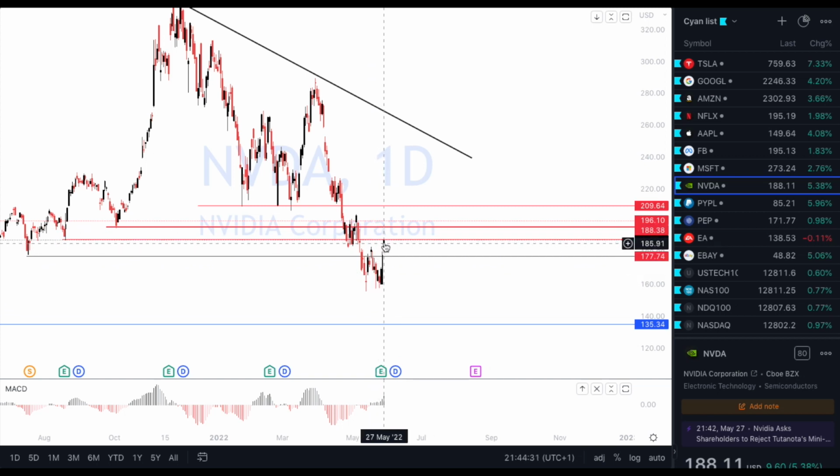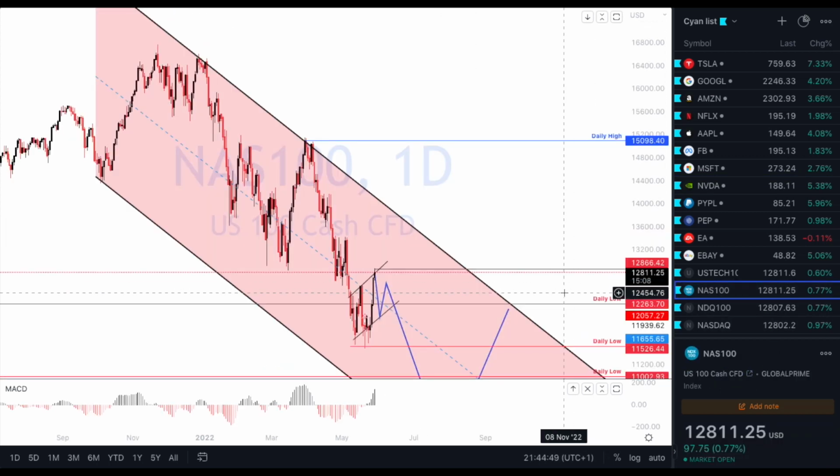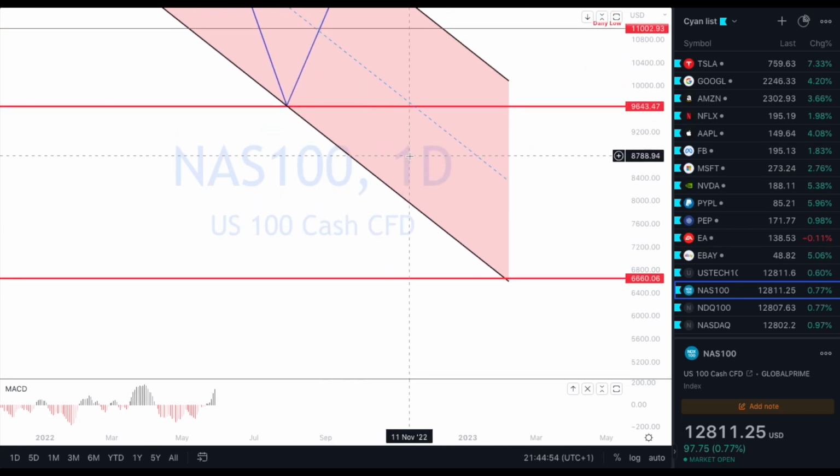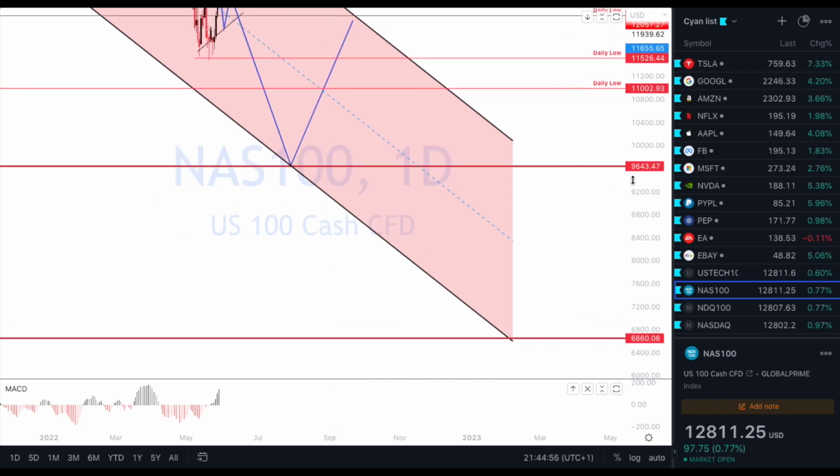Now, should price push up to this zone right here, which I think is 188, and then pull back down again, then at least what I said in regards to the level where the NAS was, let's go back to that, 9634.47 is a realistic place for it to go to.